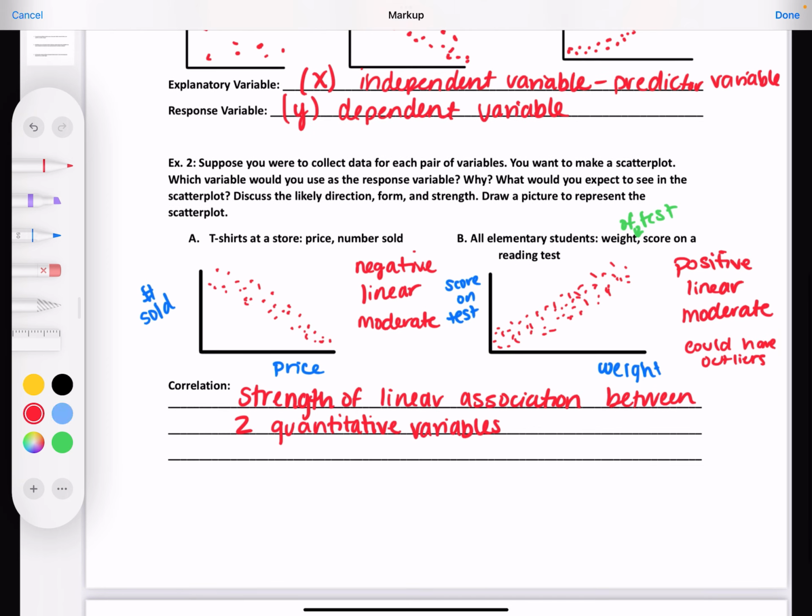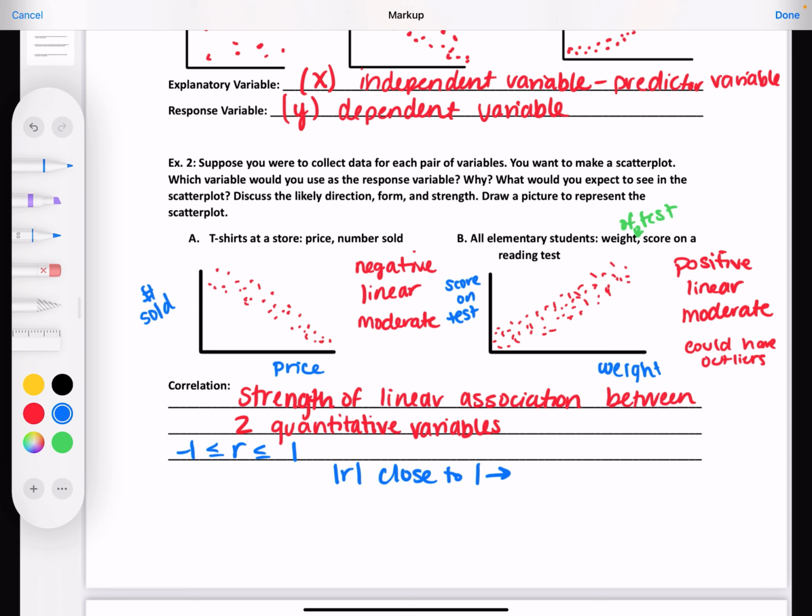All right. So what does the correlation coefficient have to be between? +1 and -1. If the absolute value of R is close to 1, what does that mean?